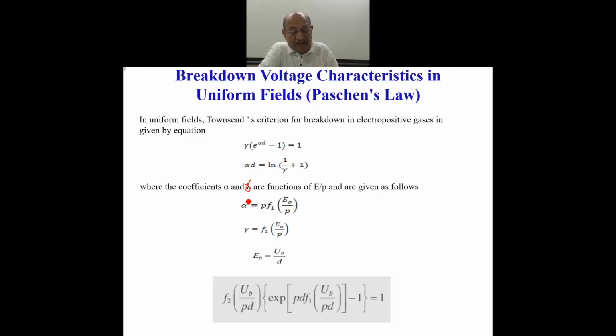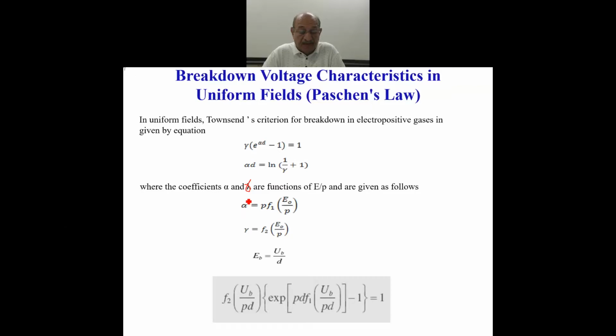Alpha here can be given as a function of E by P. So alpha is given as P times function F1 of E by P, and gamma is another function, F2 of E by P in this case.